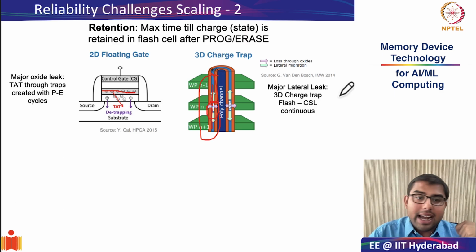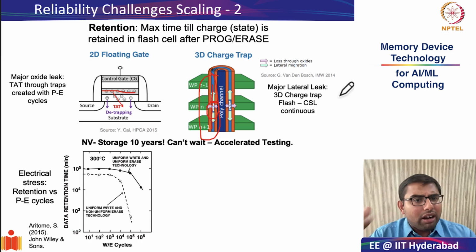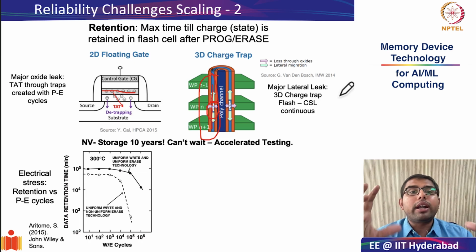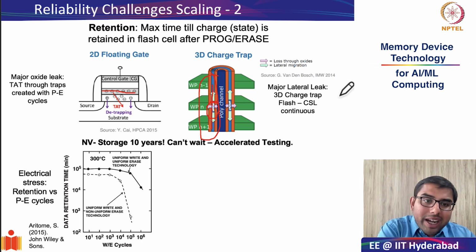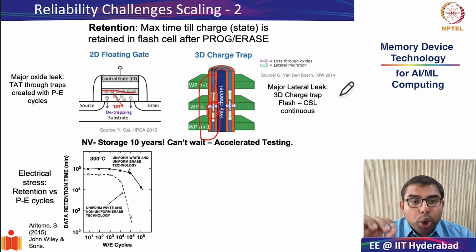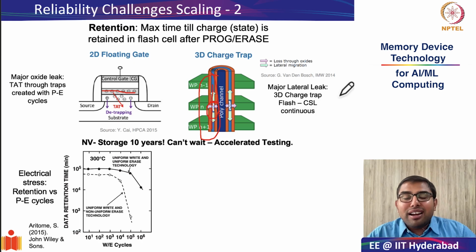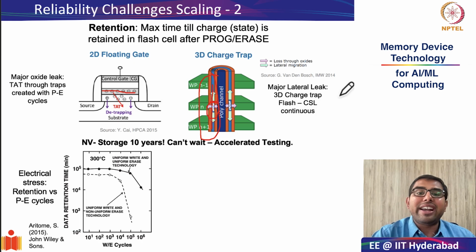Okay, so generally the definition of retention is that your non-volatile storage is valid for 10 years. That means once you store a bit, it should hold for 10 years. But how can we release a technology if we wait for 10 years to see whether a bit is holding or not? So what we do is something called accelerated testing.